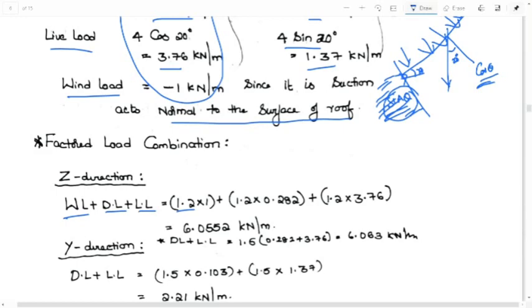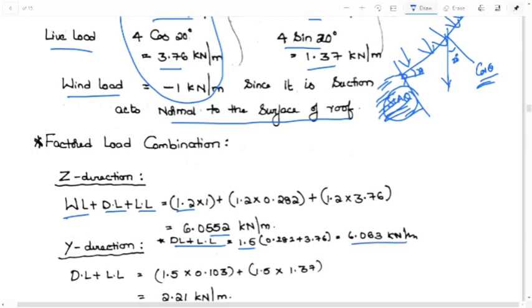Of course, you know this, or you can just refer to the code book, or it is also available in our IS 456. So on calculation, we got 6.0552, and we have another combination also that we can consider, dead load and live load. If dead load and live load are acting in combination, 1.5 will be the factor, and it is going to be this.